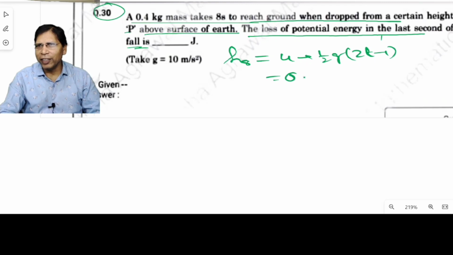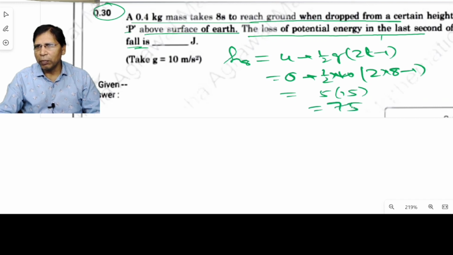Here u is 0, this is half into 10, and 2t minus 1 is 2 into 8 minus 1. So 10 by 2 is 5, into 15, which is 75 meter.